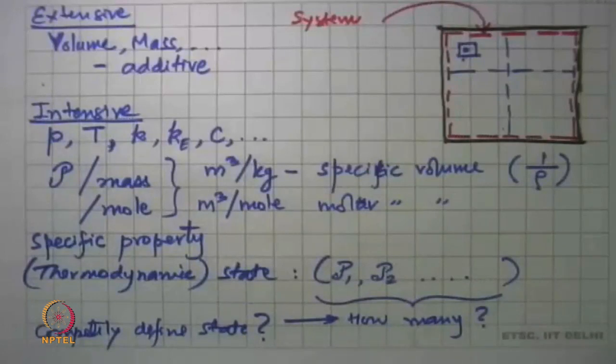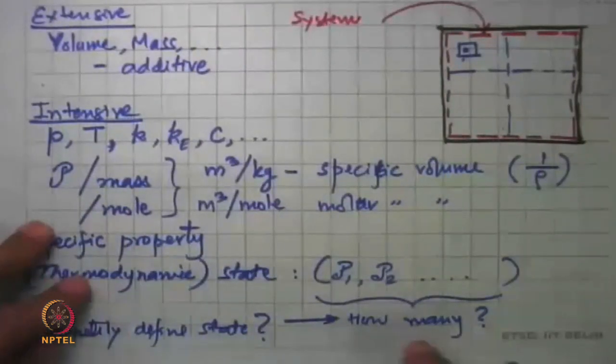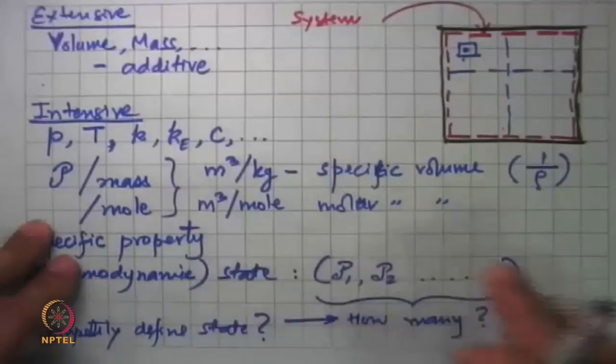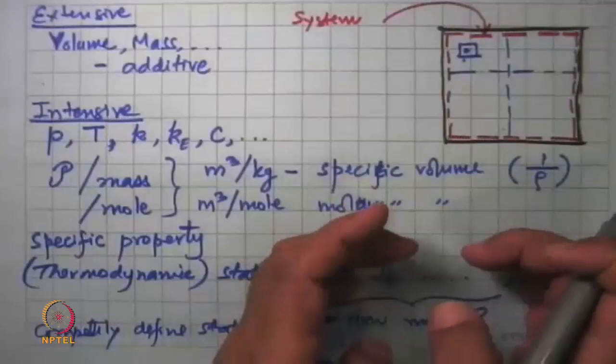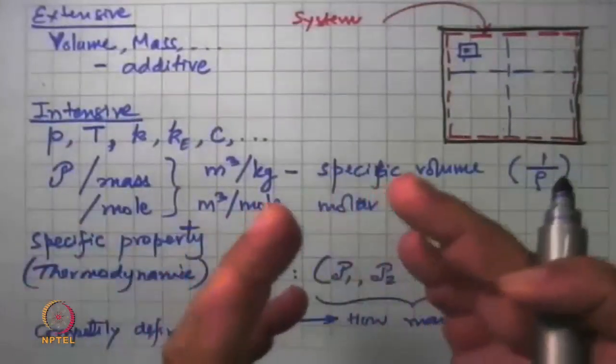We will come back to this question in the third module on properties. For now, we will just say that irrespective of what the system was in its thermodynamic part, we can specify a lot of properties, but a limited subset of them will uniquely specify the state of the system.